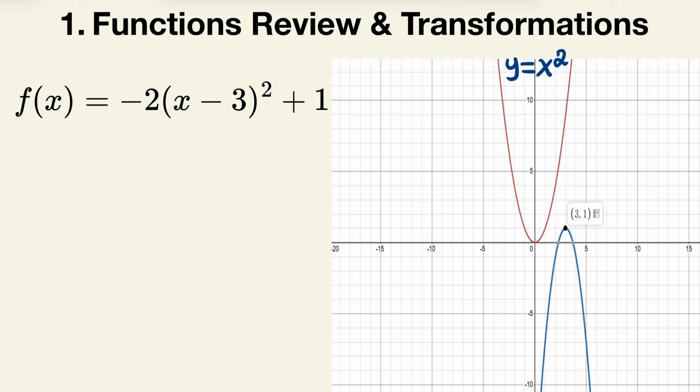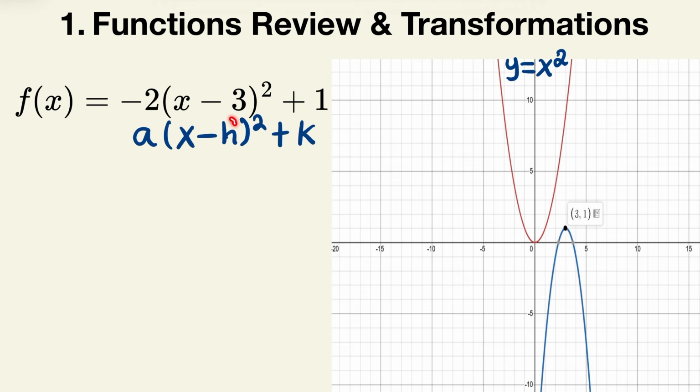Okay, next I notice this equation is written in vertex form, and that is a times the quantity x minus h squared plus k. And so in vertex form, the vertex can be read directly.